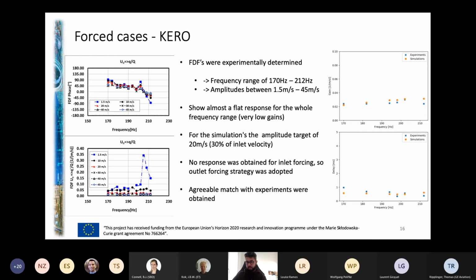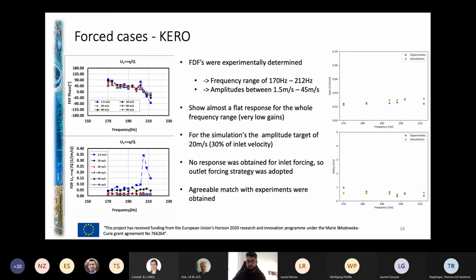So there was a lot of work done, and it's still being done. Even people at TUM are trying to do this forcing, but on a different configuration, the Sika configuration. Sometimes the flame does not respond when you force from the inlet, and you are forced to move towards outlet forcing. And then you have to also look at places where the flame is not well resolved.